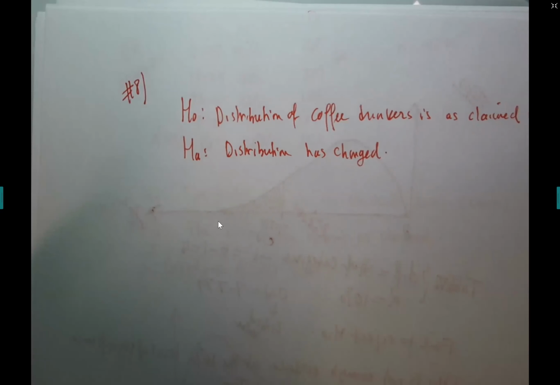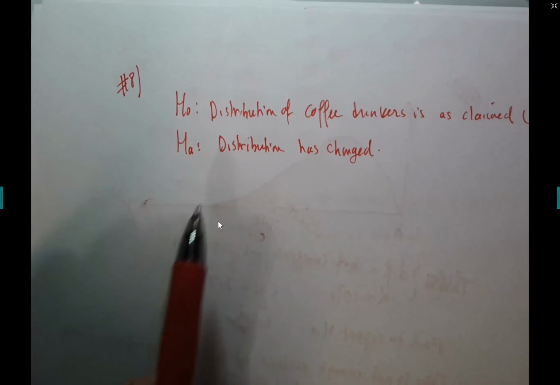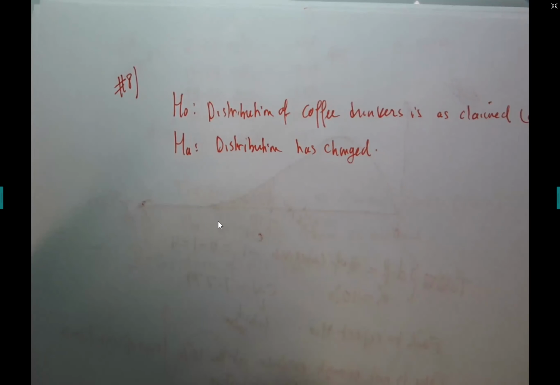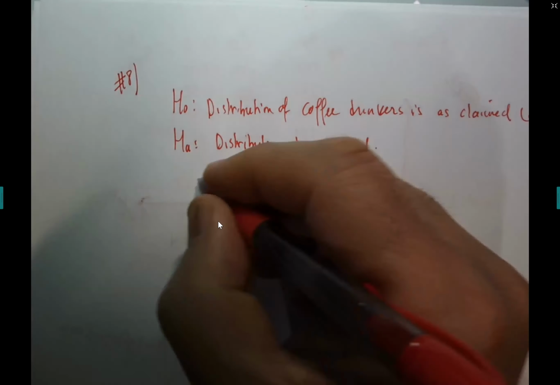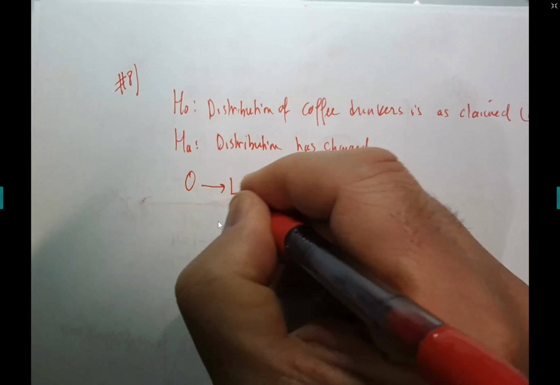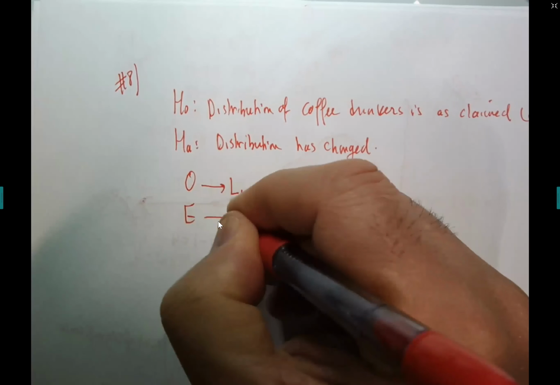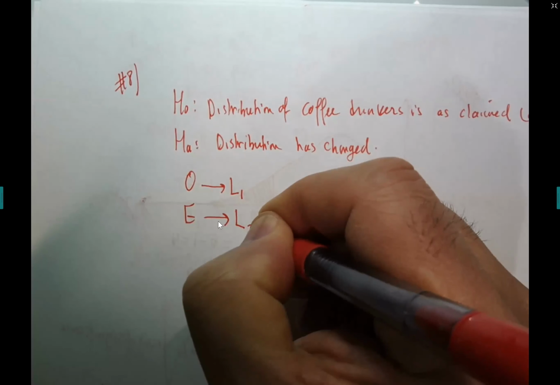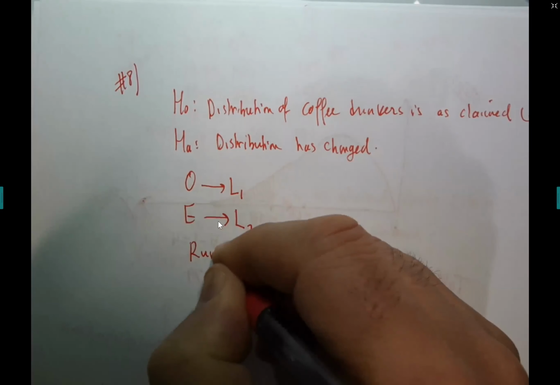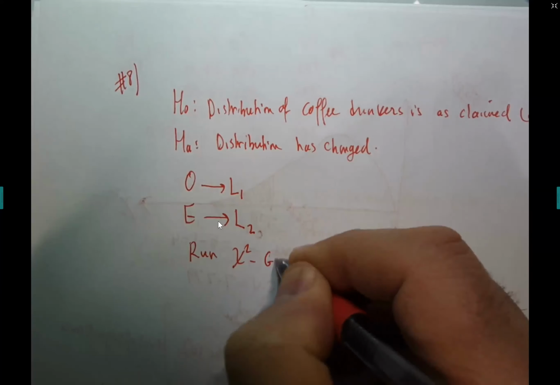Now, probably a question you want to ask me, when do you put the claim in HA? If he asks you, has the distribution changed, or is it different from the claimed distribution, then the claim will be in HA. So we put the observed values in L1, we put the expected values in L2, and then we run a chi-square goodness of fit test.